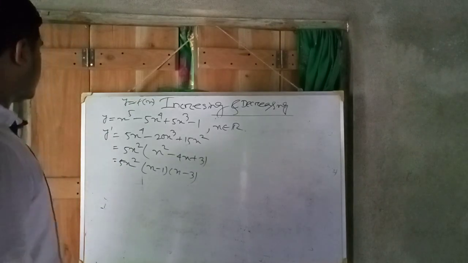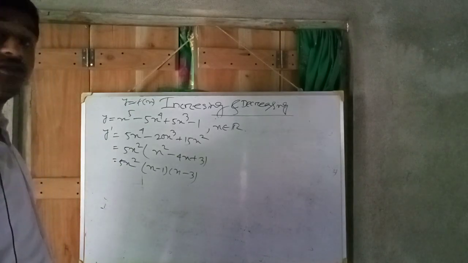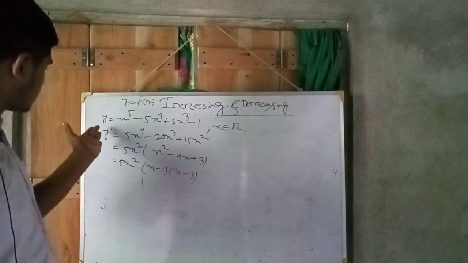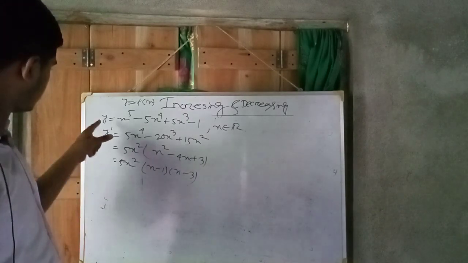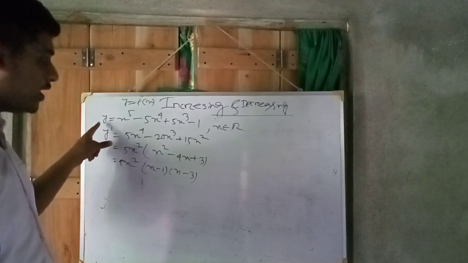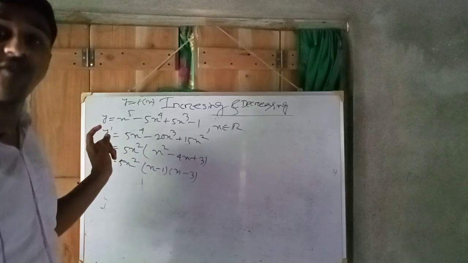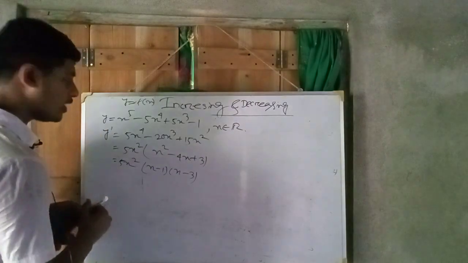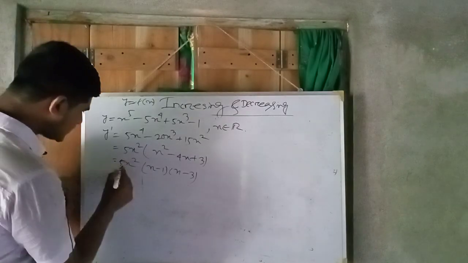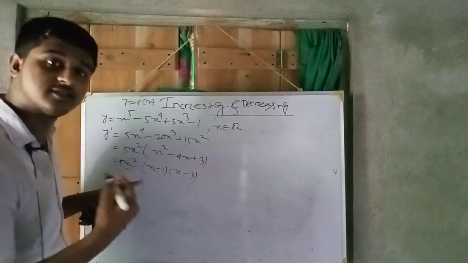Okay, so find out the critical points of the function y, where y dash vanishes. Let's see. Where does y dash vanish? When x square vanishes, that is actually x equals 0.